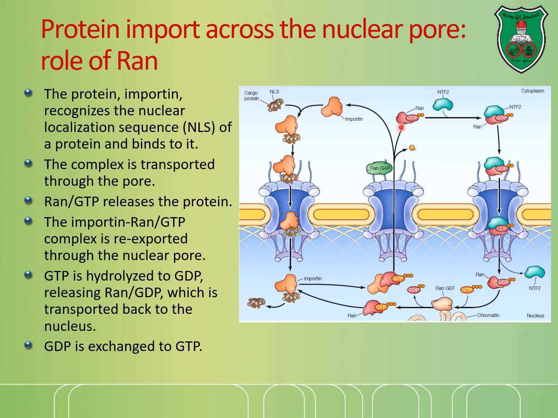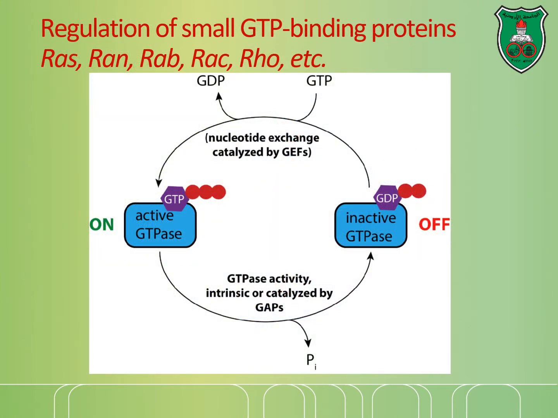Now Ran would bind to another protein that would take it inside the nucleus again. Inside the nucleus, GDP is exchanged for GTP and it can bind to another importin and so on.